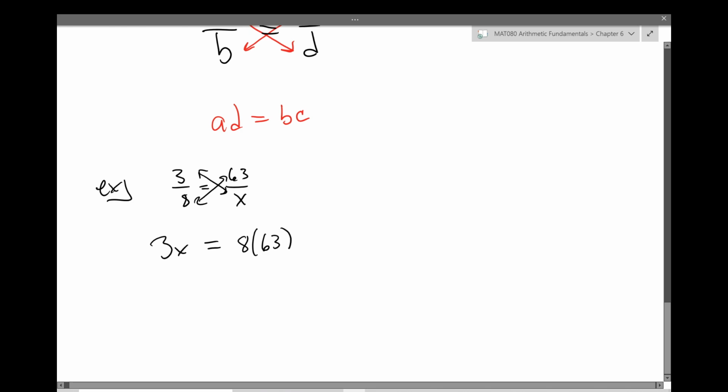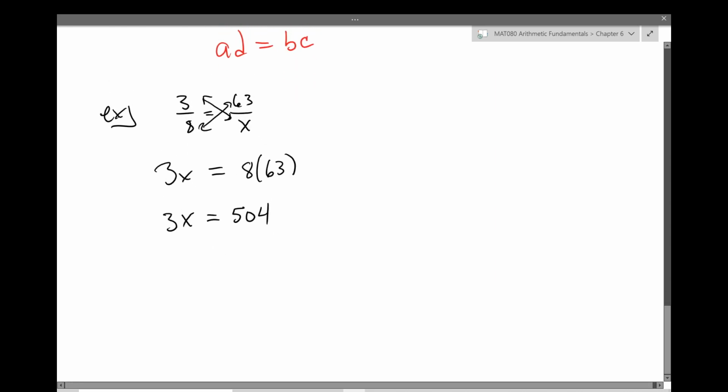Now, 3x equals, let's solve this. 3x equals 8 times 63 is 504. And then divide both sides by 3 to give you x equals, well, I'm going to do this division off to the right. 3 goes into 5 once.